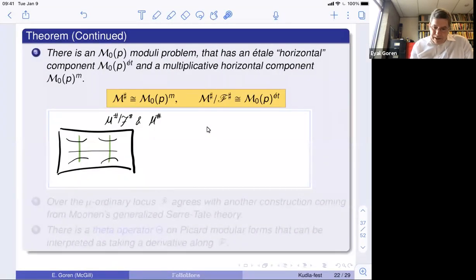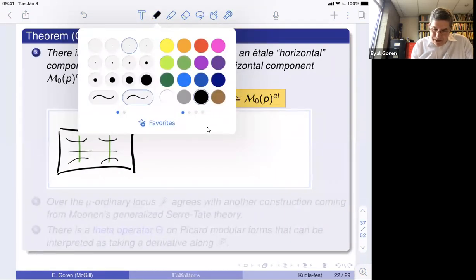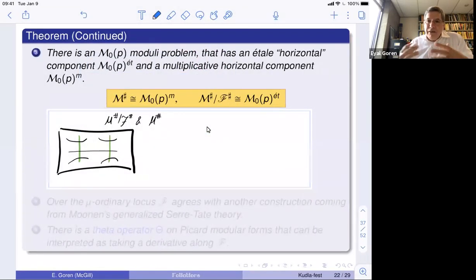Okay. There is an M_0(p) moduli problem associated to this that has an étale horizontal component and a multiplicative horizontal component. And it's rather hard to draw. Okay, so if I wanted to draw this moduli problem, this M_0(p), the best I can do in real time is basically give you the things you need to glue together to get this M_0(p).